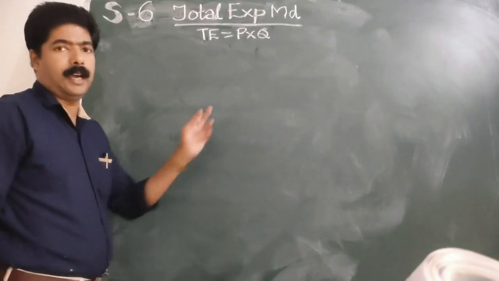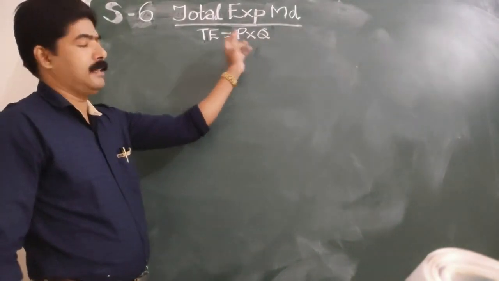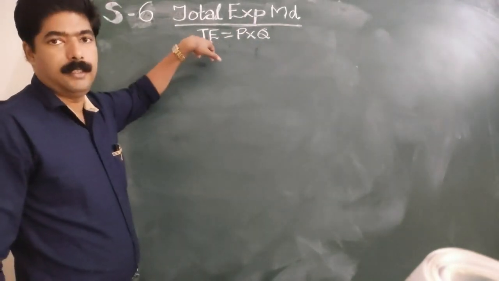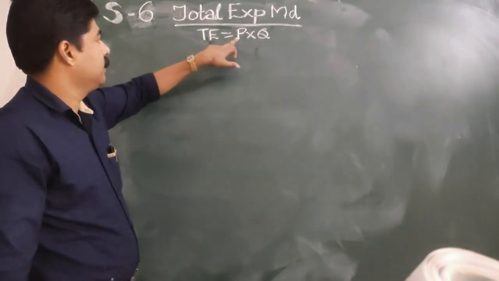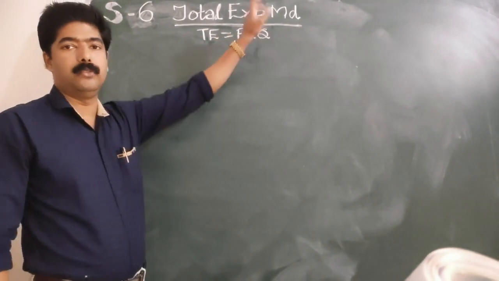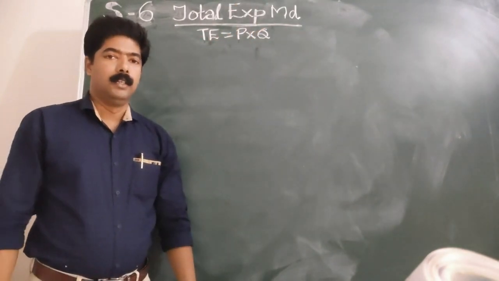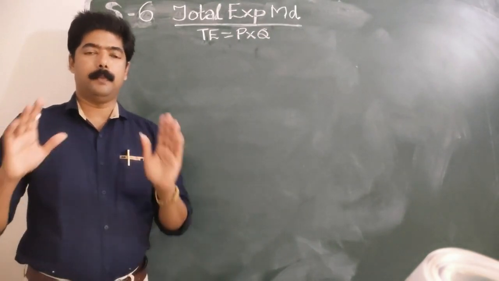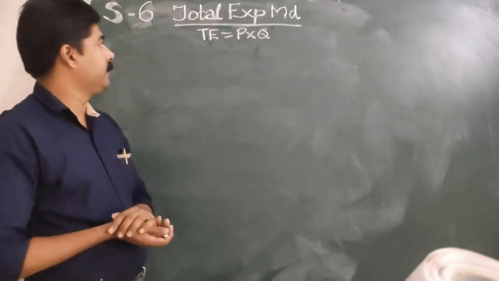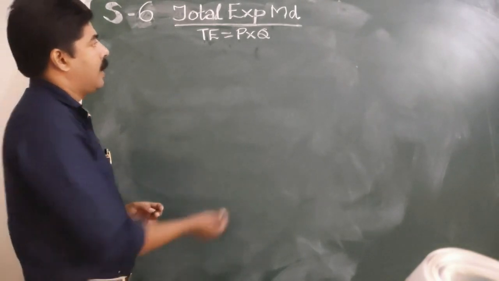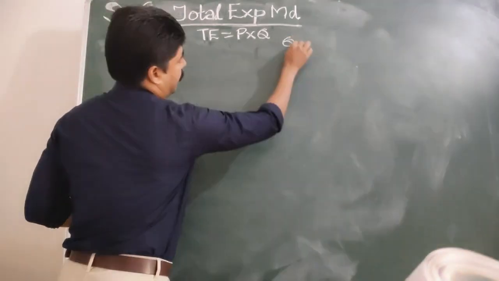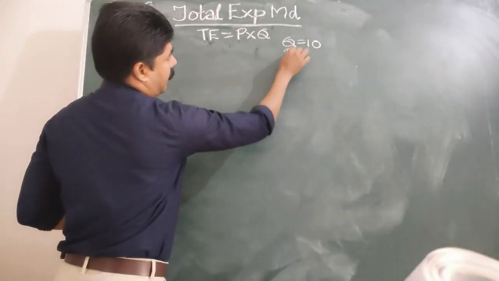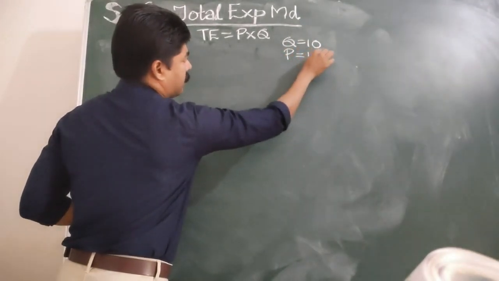This is the method of calculating price elasticity by the total expenditure method. T means total expenditure, P for price and Q for quantity. Suppose a consumer purchases a quantity of 10 units, and the price is 10 rupees.